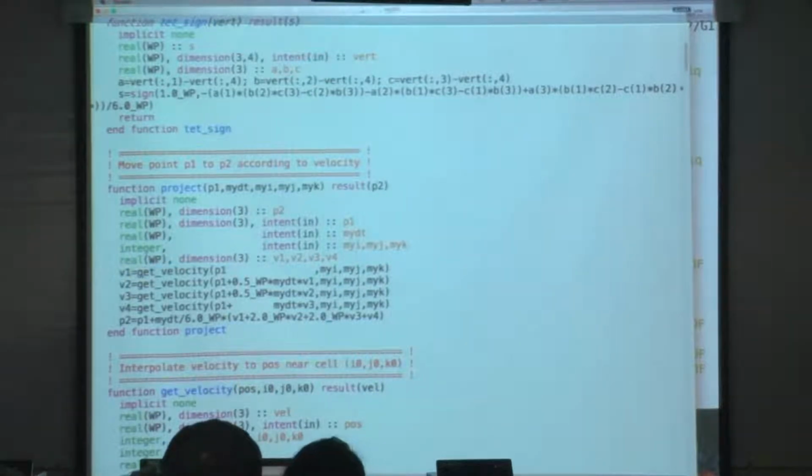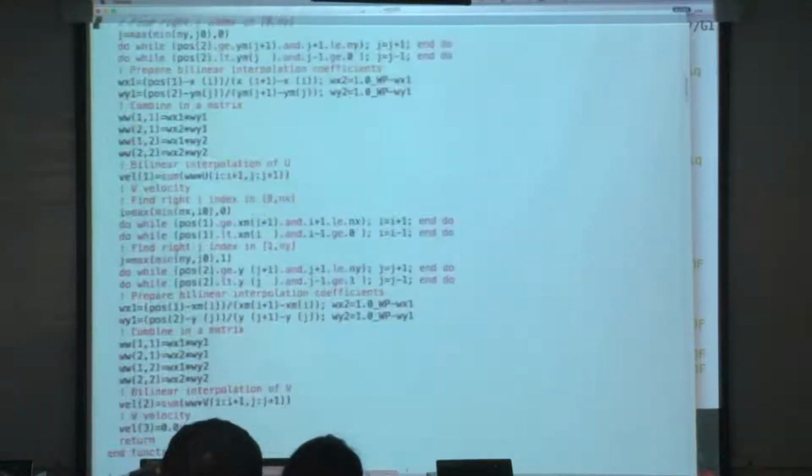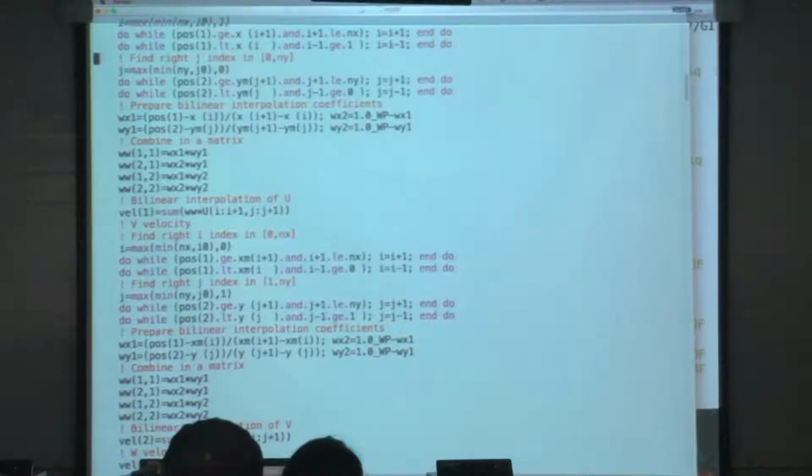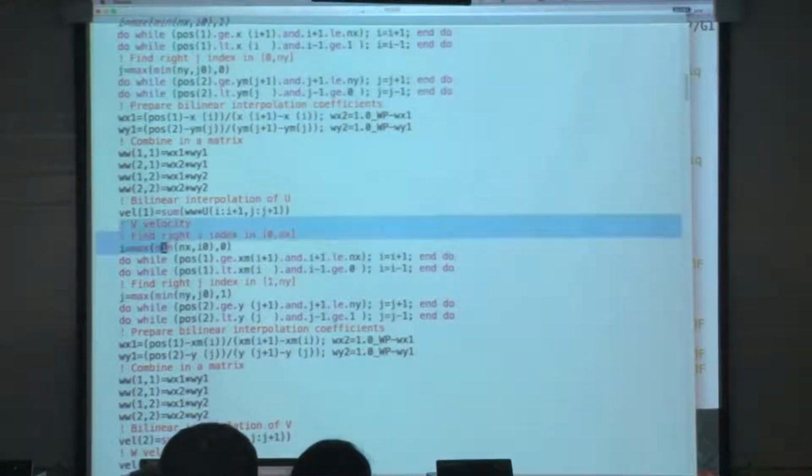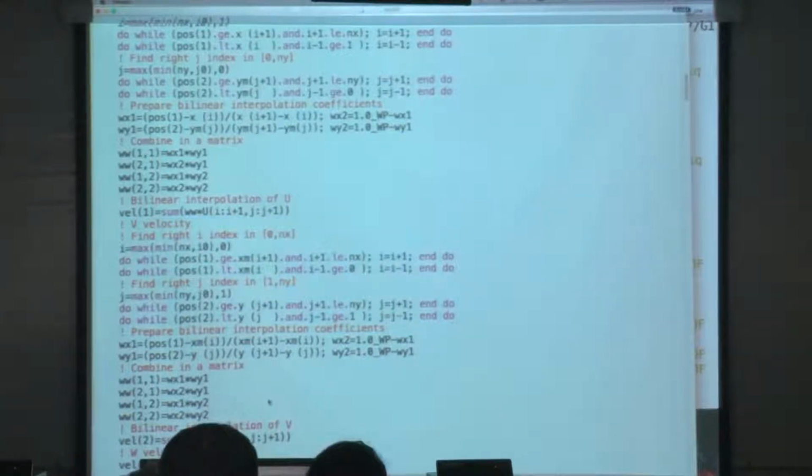So now the question is, what is this get velocity? Well, this is the exact same routine that we use for the particles. This get velocity is right here. This is moving around on my mesh to find the closest set of 4 points that encompass my current point position, and then I bilinearly interpolate my velocity to that location. I do that using the u phase velocity, and then I do that using the v phase velocity.